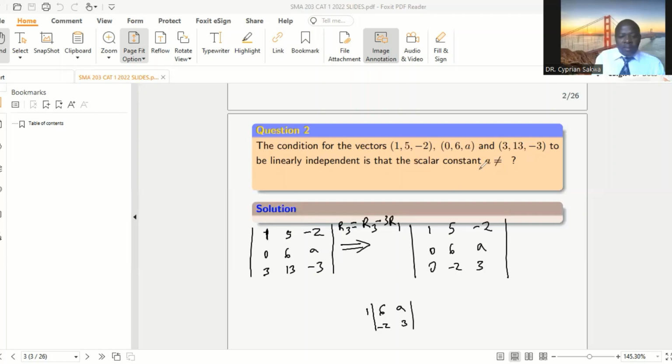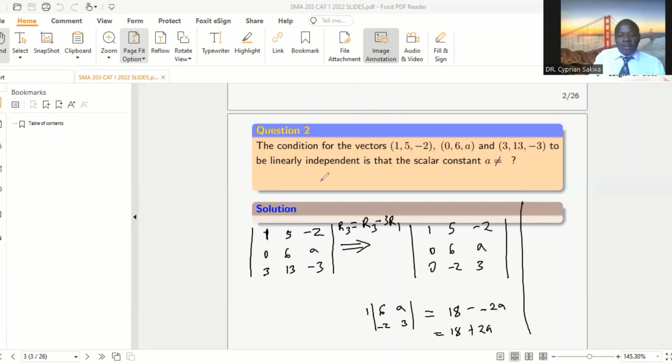Remember that this determinant should not be equal to 0, so let's just get the determinant first of all. This is 18, minus, but this is also minus, so it's minus 2a. And so this is 18 plus 2a. This is the determinant.